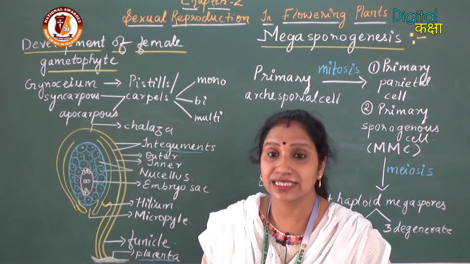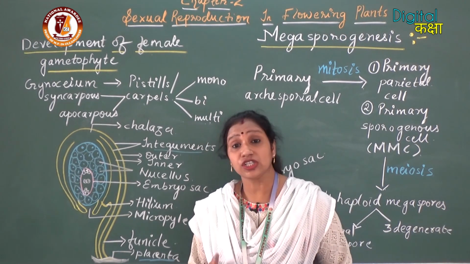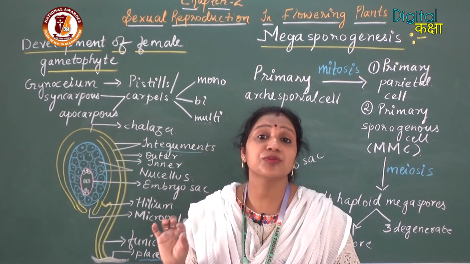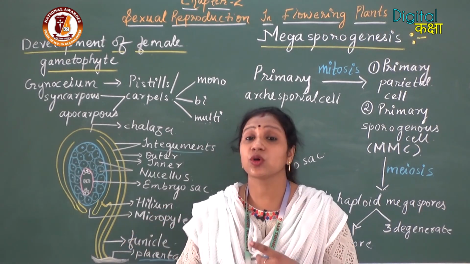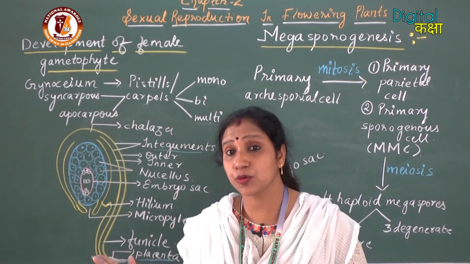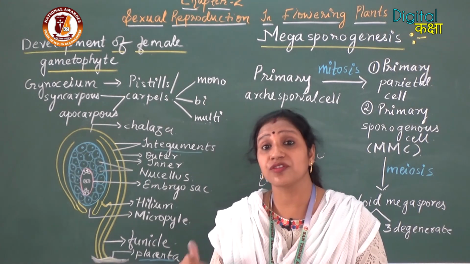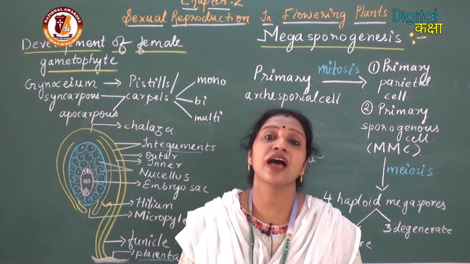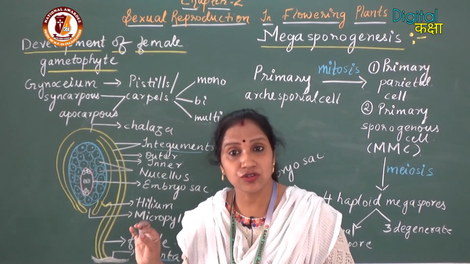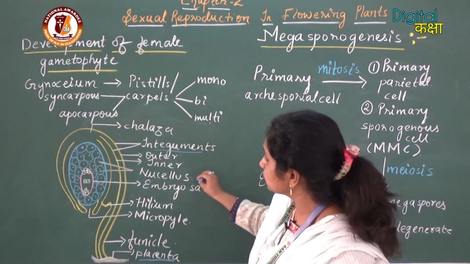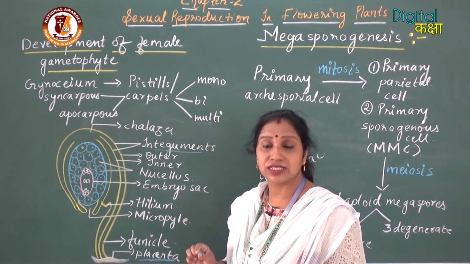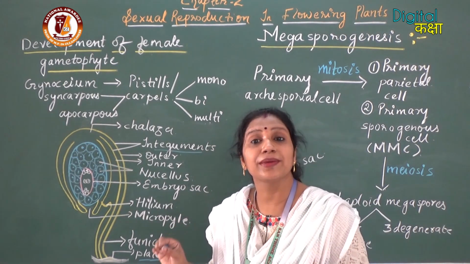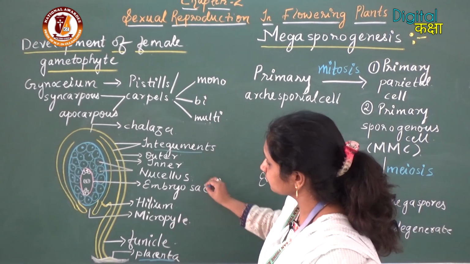And second, one of the nucellus cells will form the megaspore mother cell, which is going to form the megaspore, and that megaspore will form the embryo sac, and the embryo sac will have the female gametophyte. So, the nucellus cells are important in providing nutrition and in forming the female gamete.